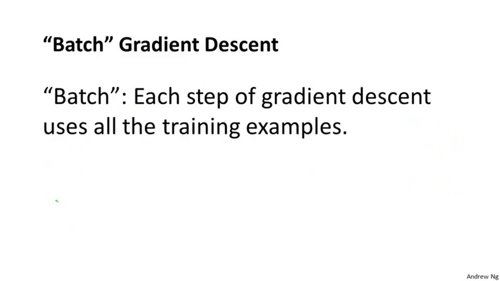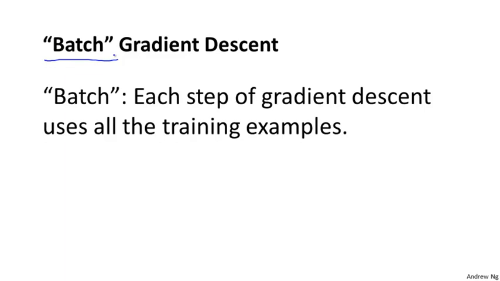Finally, just to give this another name, it turns out that the algorithm that we just went over is sometimes called batch gradient descent. And it turns out in machine learning, I feel like us machine learning people, we're not always great at giving names to our algorithms. But the term batch gradient descent refers to the fact that in every step of gradient descent, we're looking at all of the training examples.